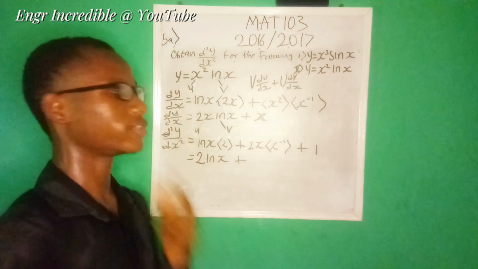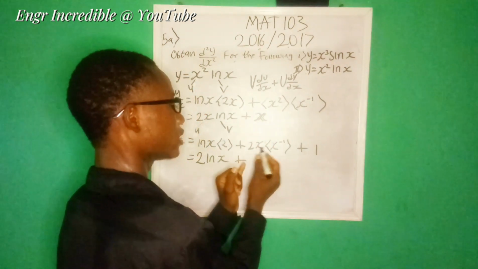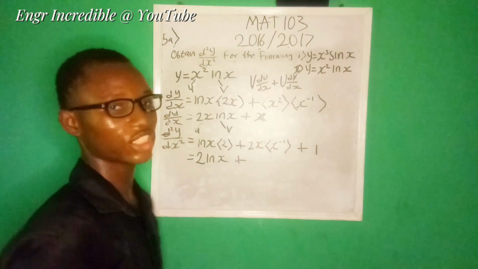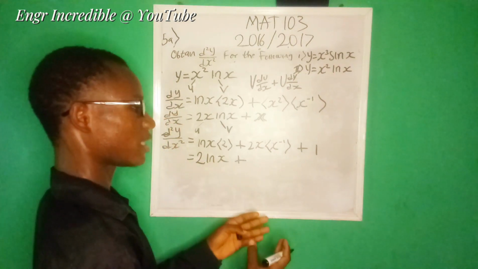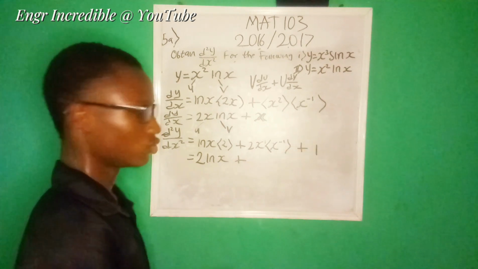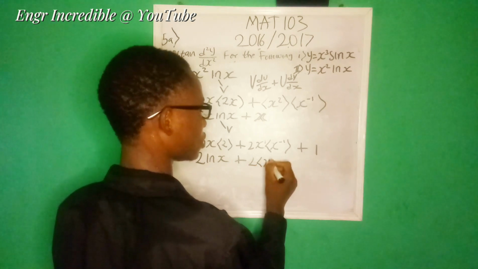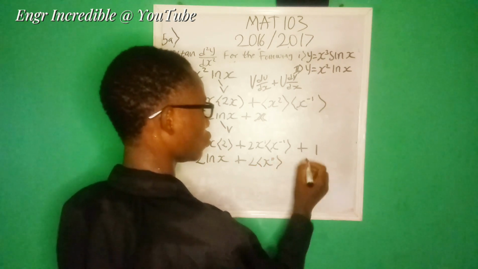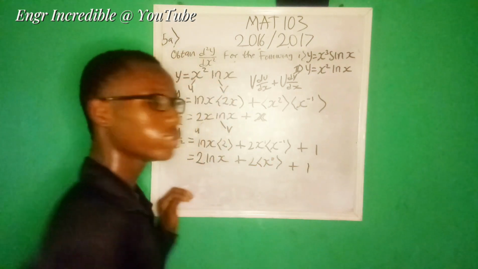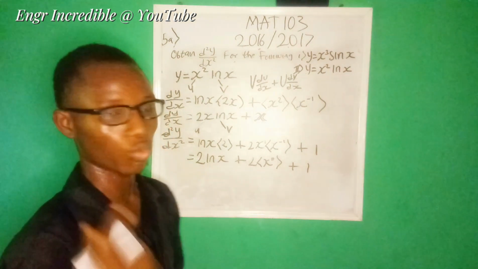Still using the same law of indices, we know that we have an invisible 1 here. So we have x raised to the power 1 times x raised to the power minus 1. When we multiply them together, it becomes x raised to the power 1 minus 1, which is x raised to the power 0. So we'll have 2 times x raised to the power 0, then plus 1. And we know that according to another law of indices, anything raised to the power 0 is equal to 1.